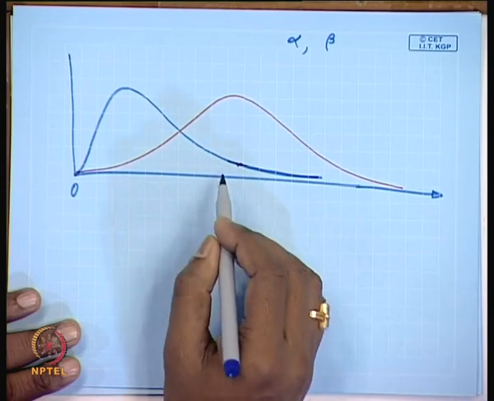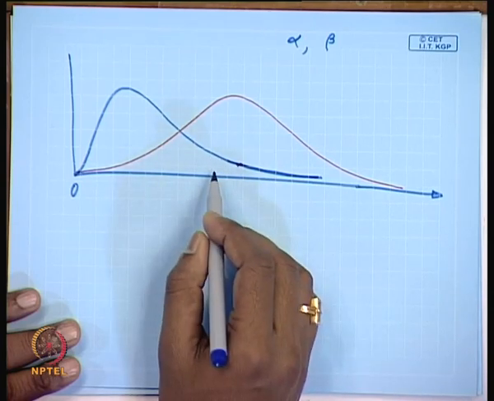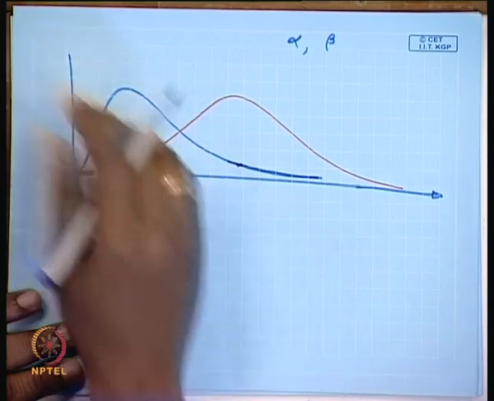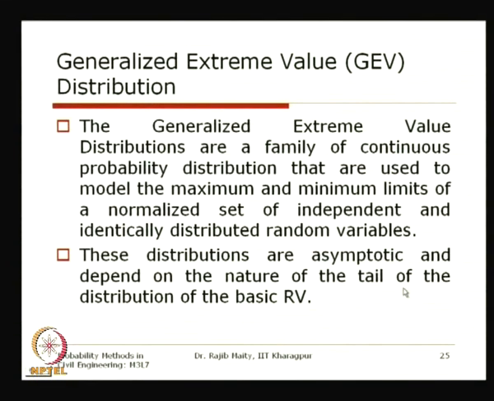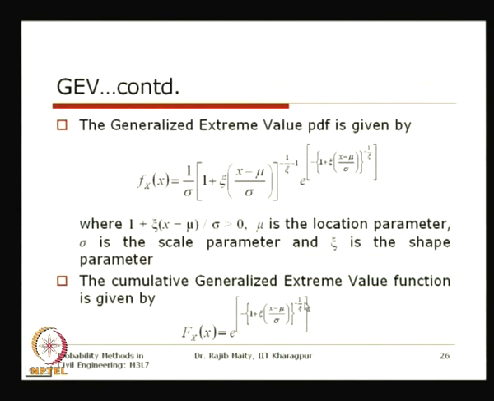This is known as the tail of any distribution. So these extreme value distributions are asymptotic, depending on the nature of the tail of the distribution of the basic random variable.